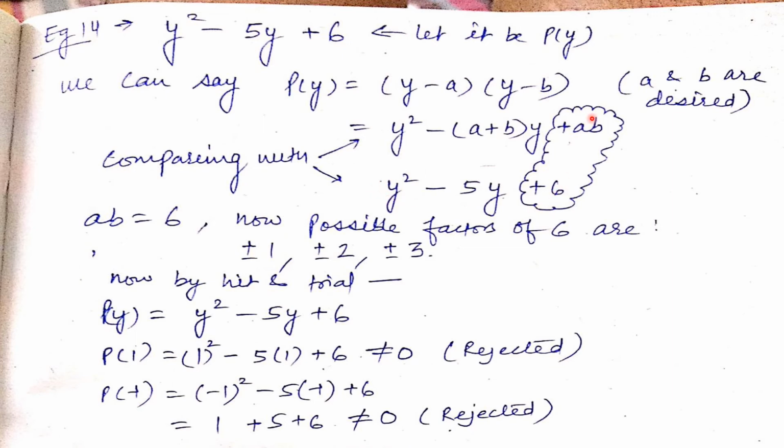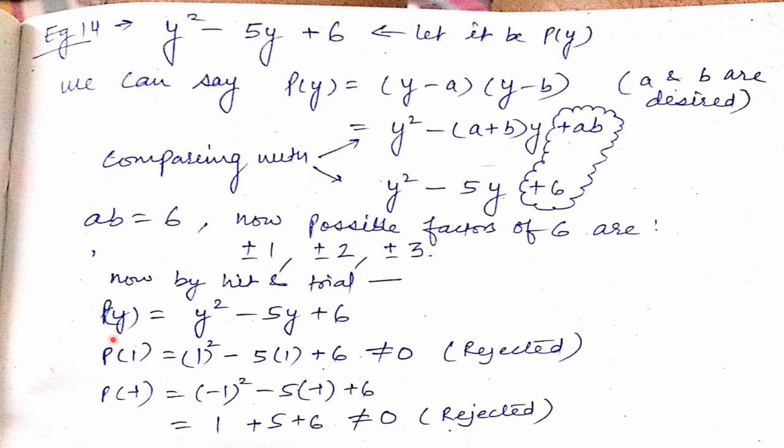Just compare the constant parts. So we can say ab is equal to 6. Now, possible factors of 6 are plus minus 1, plus minus 2, plus minus 3. This time, this question is easy because there is no fraction here. Last time, it was difficult because a fraction was there. Okay. Now see, again by hit and trial, we need to find that 0 of p(y) which makes the answer 0.